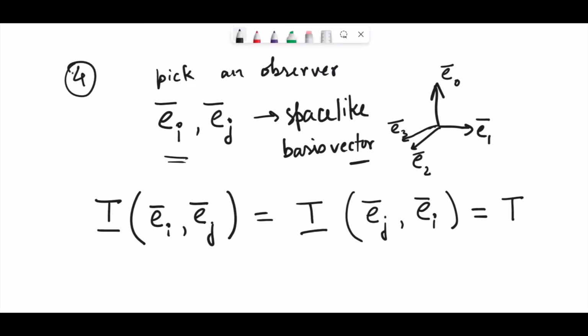And this is going to give us the ijth component or the jith component of this stress tensor.